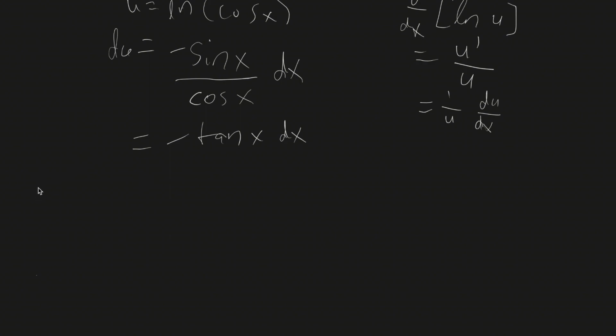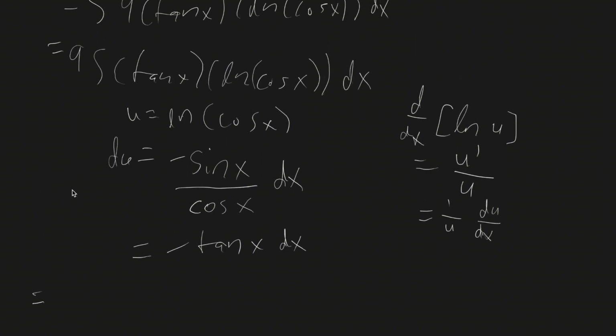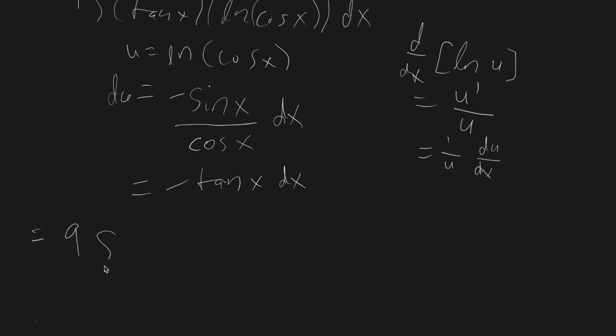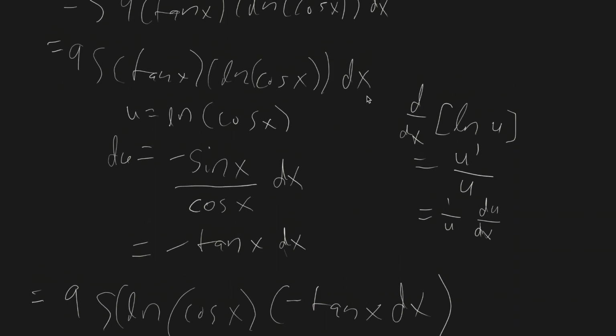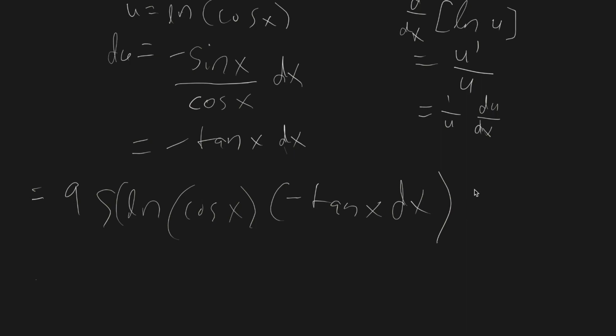And by that I mean, if we substitute in du and u, so we'll just leave u as ln cosine x for now, and we substitute in du, notice how this is exactly the same as our original expression, with the exception of tangent in our new one being negative. So to counteract that, we need to multiply by negative 1. And we can bring this negative 1 outside the integral and multiply it by 9 to give us negative 9.